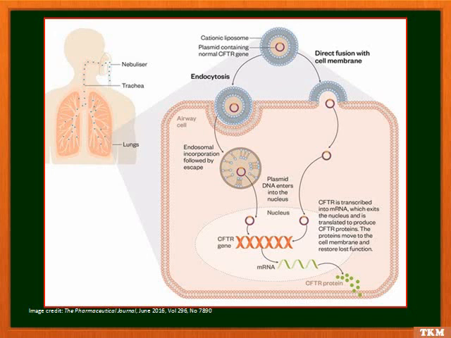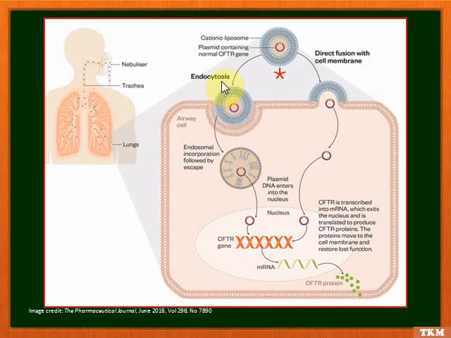So we'll take this example from the pharmaceutical journal, wherein the cationic liposome containing plasmid containing the normal CFTR gene is induced into the cell either by endocytosis or by direct fusion with the cell membrane.